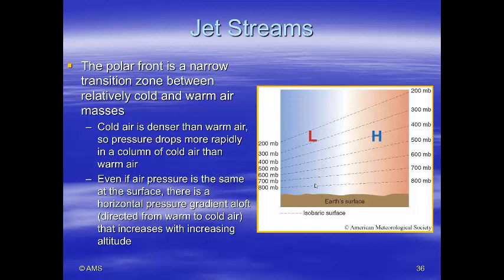So even if the air pressure is the same at the surface, there'll be a huge horizontal pressure gradient aloft directed from the warm air to the cold air, and that increases with increasing altitude.